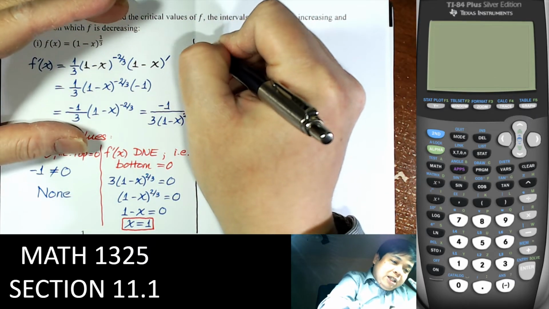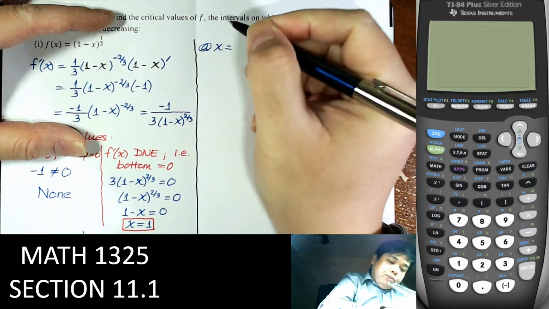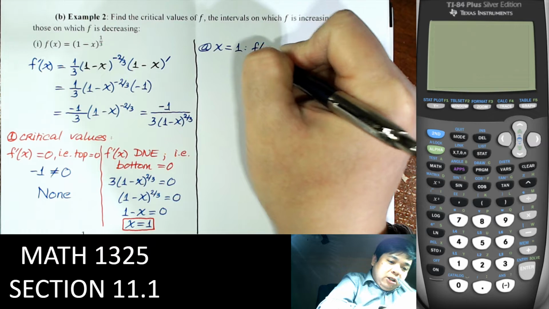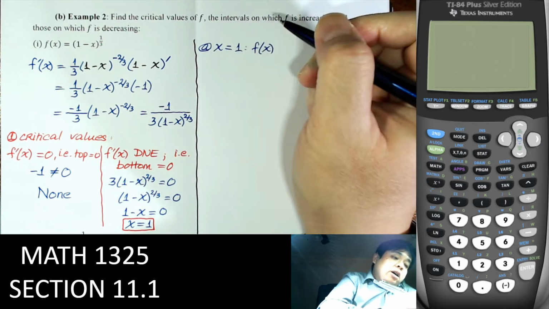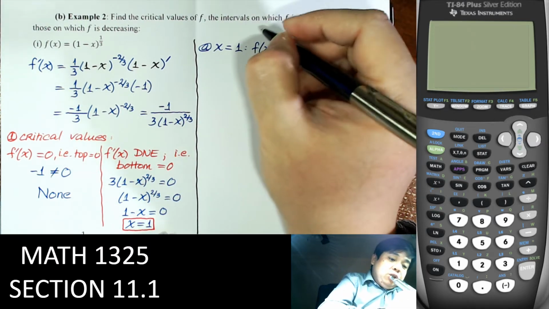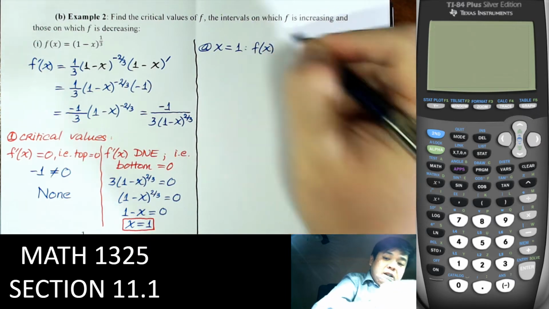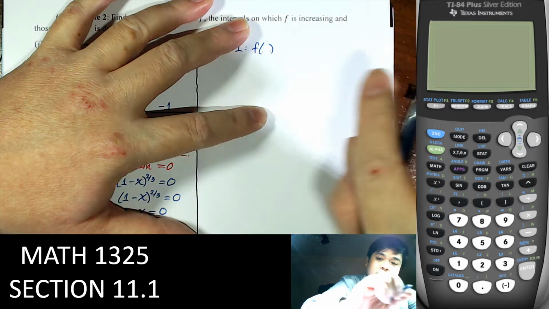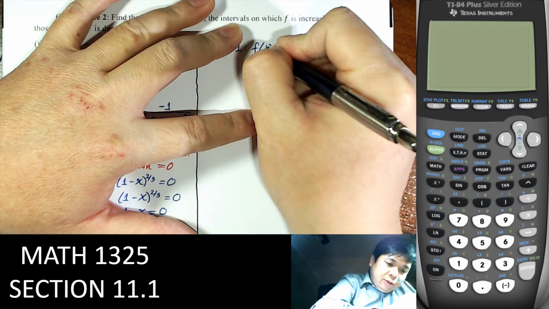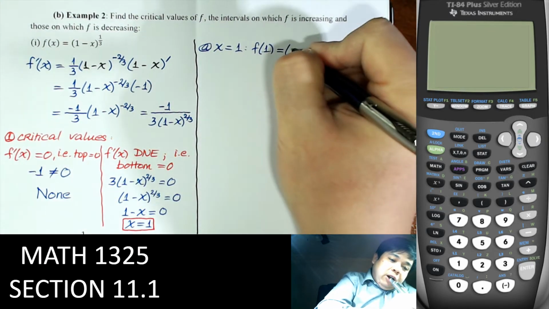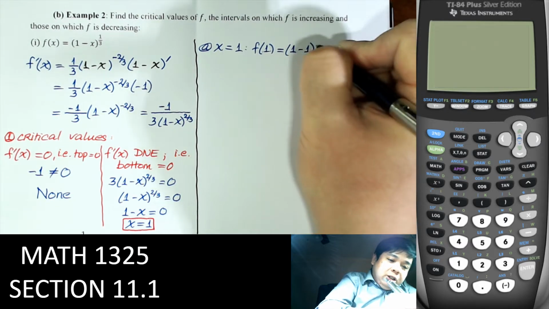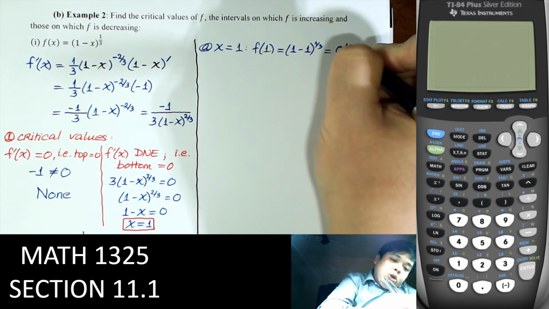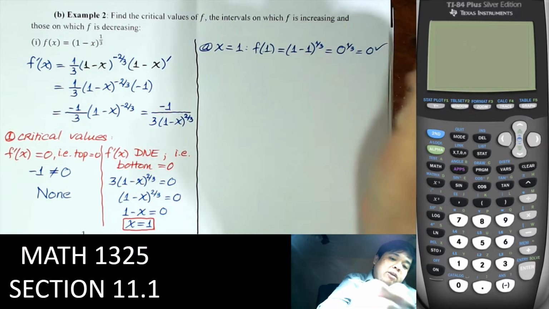So at x equal to 1, the function, remember, we check for the domain, so we use the original function. I'll write that. F of 1 equals 1 minus 1 to the 1/3, and that is 0, and it is defined.